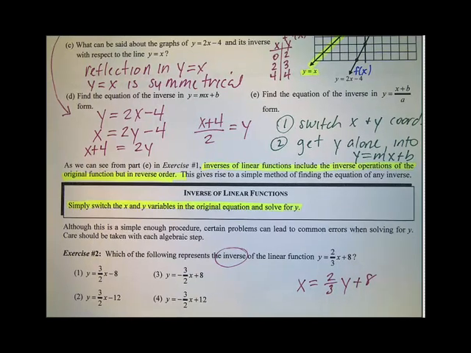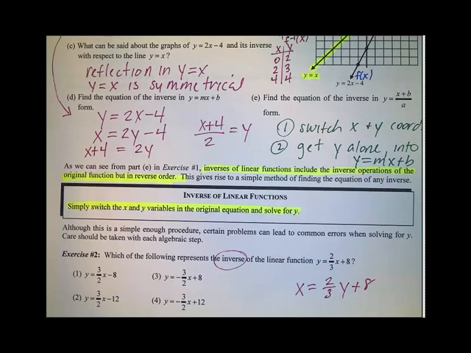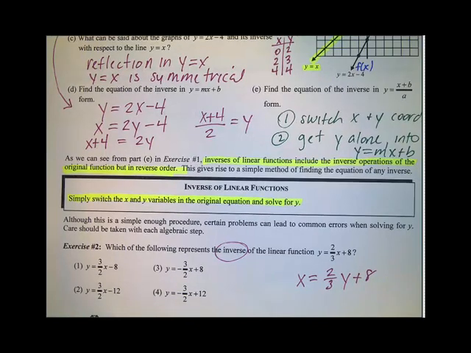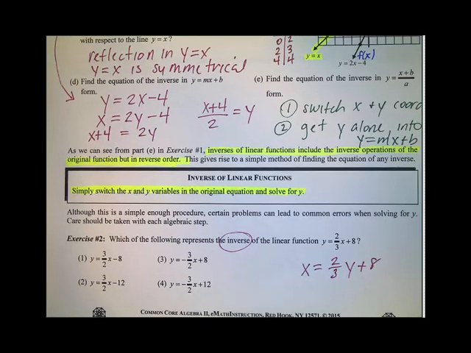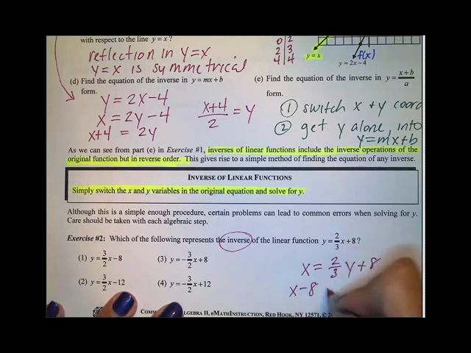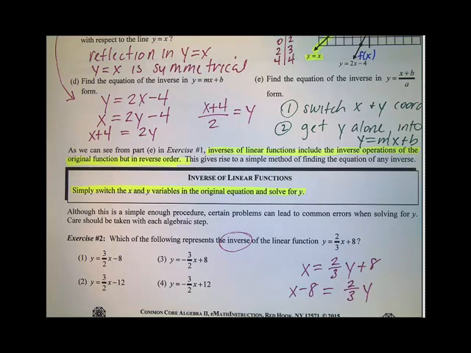Then we are going to undo, or inverse, the operations. So we have to move that 8 first. We always want to undo add or subtract first. So we're going to subtract 8. So x minus 8 equals 2/3 y. Now how are we going to undo 2/3 times y?